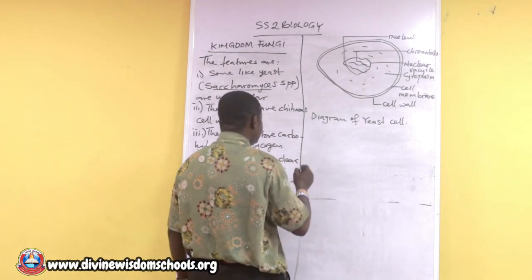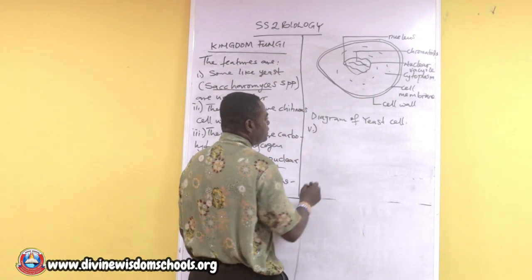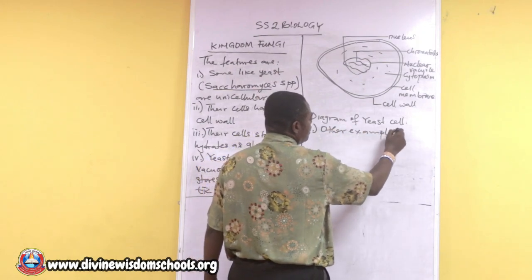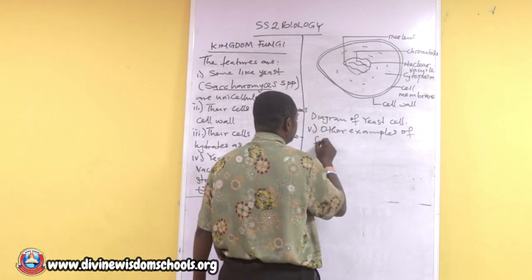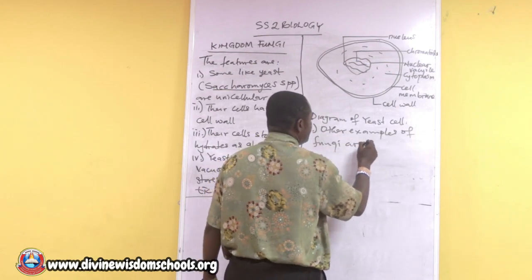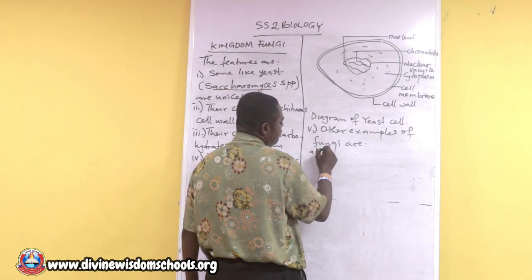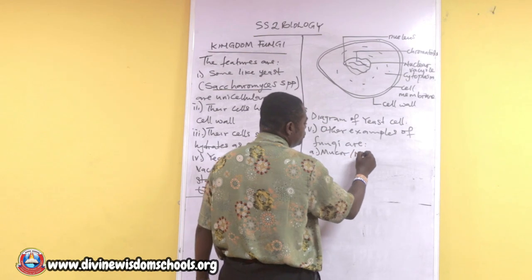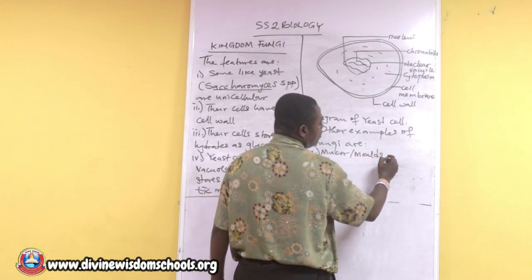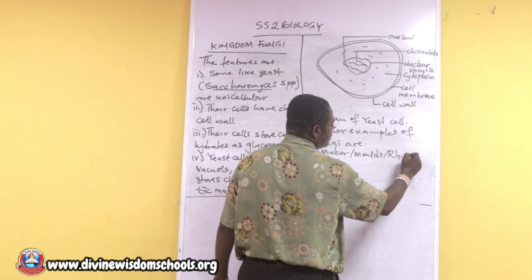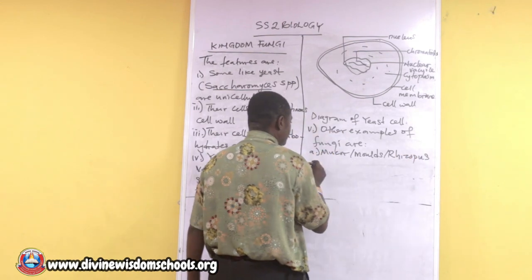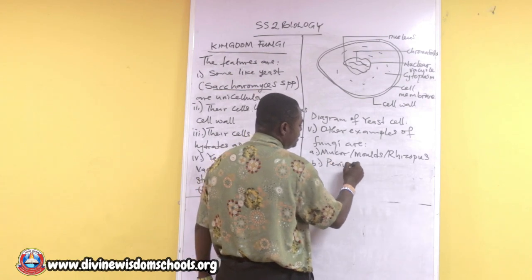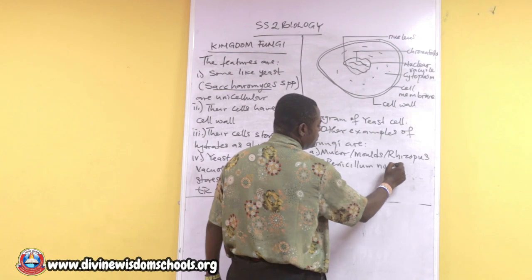Now, number 5 point here. Other examples of fungi are: we have mucor or molds, or rhizopus nigricans. You have Penicillium notatum.